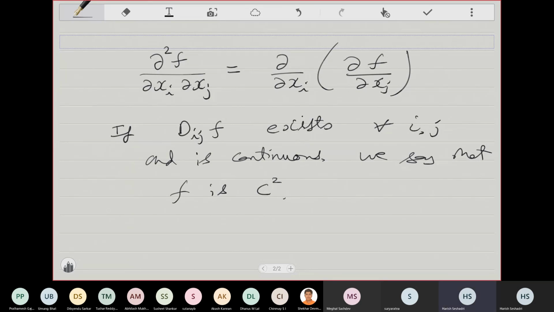So this is a very important condition, which occurs often in practice. We say that a function is of class C2 if all the second order partial derivatives exist and are continuous.